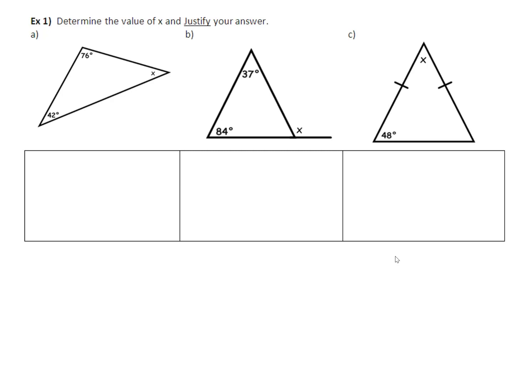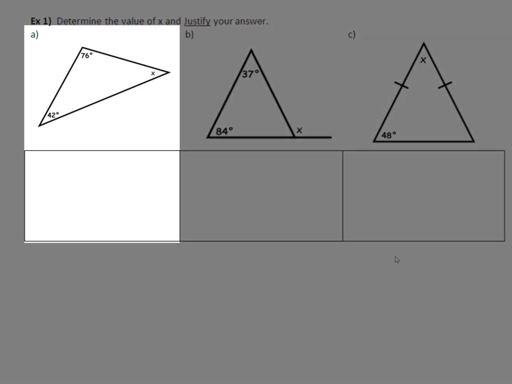We need to determine the value of x and justify our answer. Well, if we know that all interior angles add up to 180 degrees, we know this plus this will equal 180. So if we have 42 plus 76 plus x equals 180, we just need to collect like terms and solve for x.